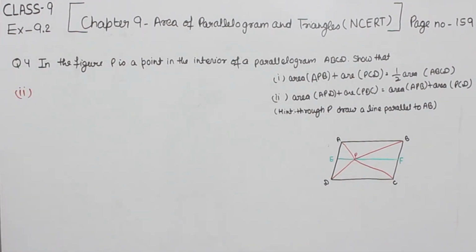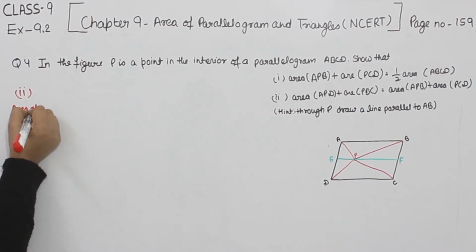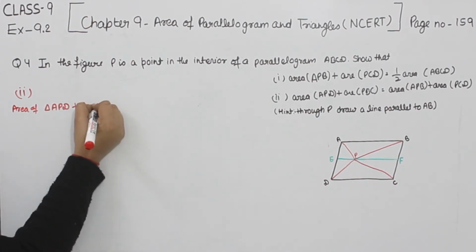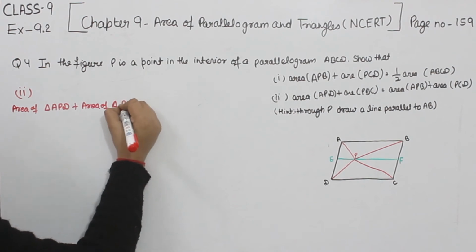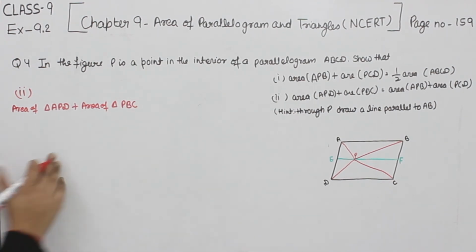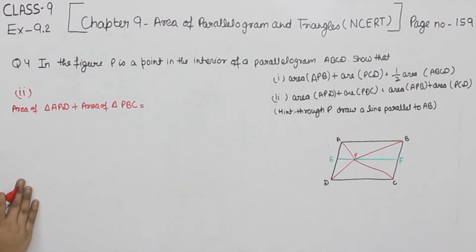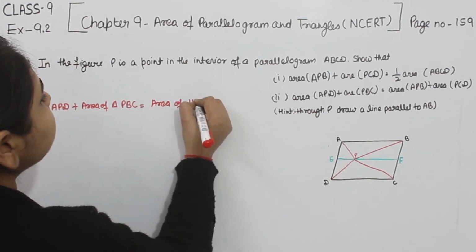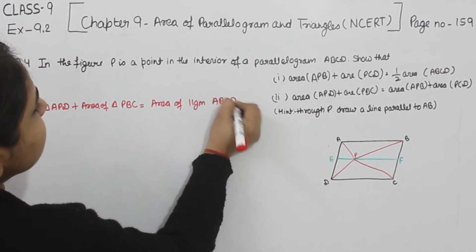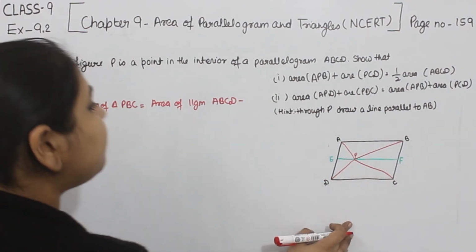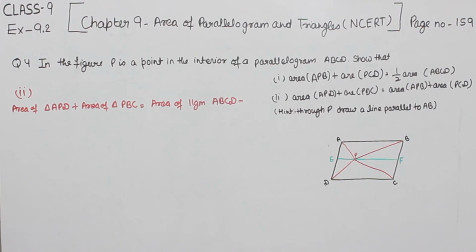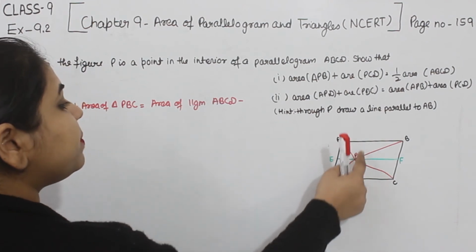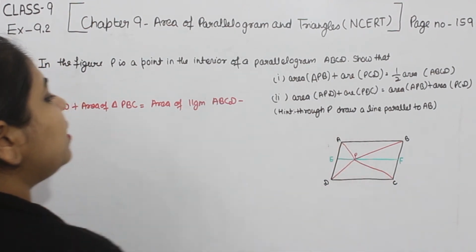So the area of triangle APD plus the area of triangle PBC is equal to the area of parallelogram ABCD, and if from the parallelogram we subtract the area of APB and PCD, then this area will remain.